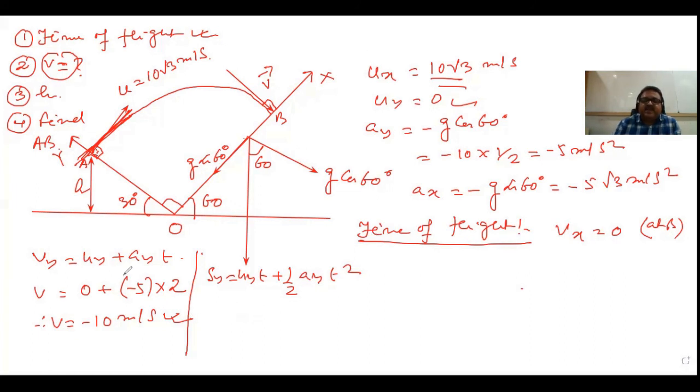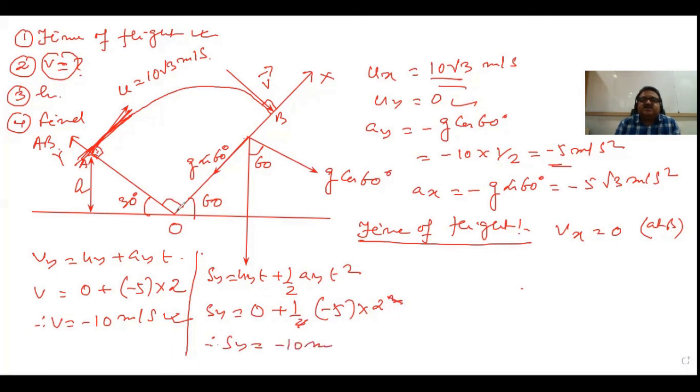Sy. What is the value of Uy? Initial velocity is 0 plus half. Ay is what? Ay is -5. T square is what? 2 square. 1 gets cancelled. That means Sy equal to -10 meter.